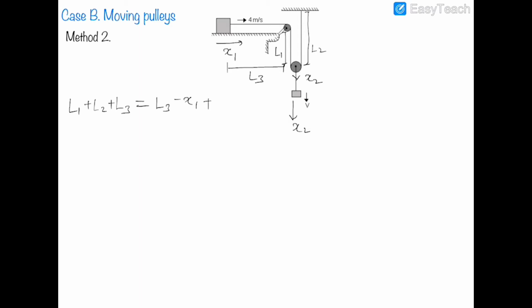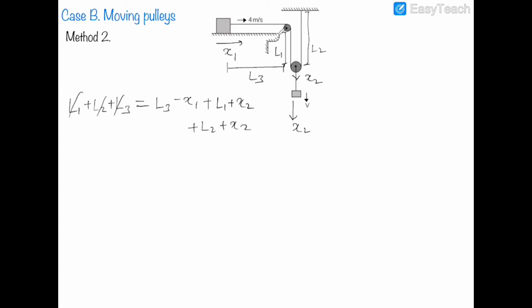Now this length L1 will increase due to the downward movement of the pulley. If this pulley moves down, this length increases. So the new length will be L1 plus x2. Now again this length L2 will increase due to the downward movement of the pulley. So the new length will be L2 plus x2.